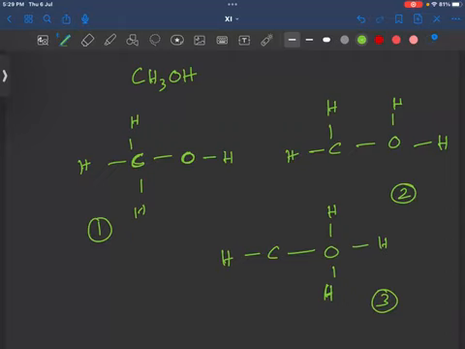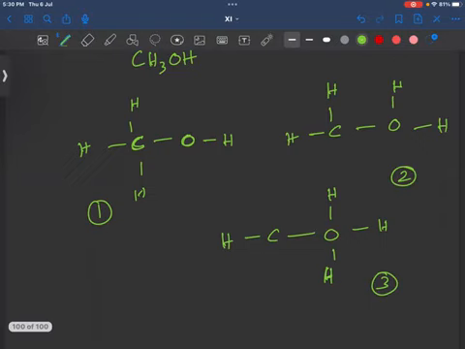Balanced hydrogen is one. In the first case, how much did you get for carbon and oxygen? 0.